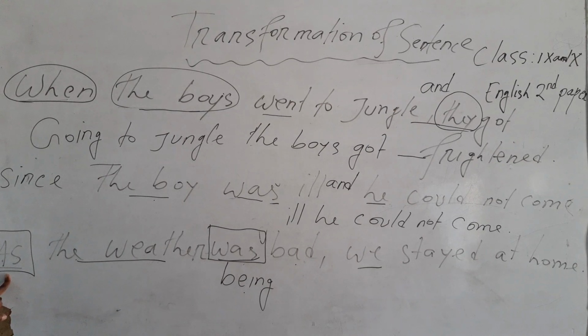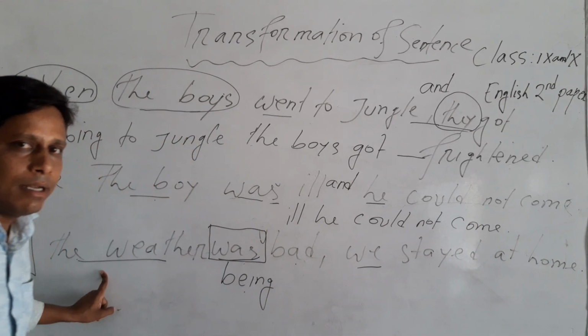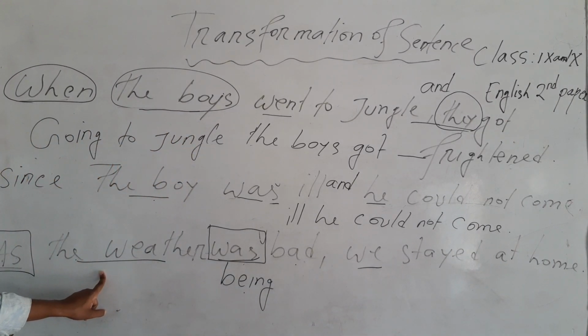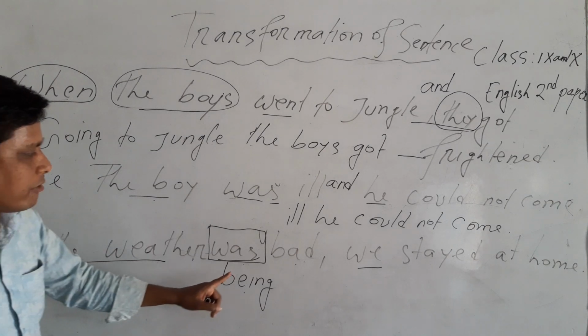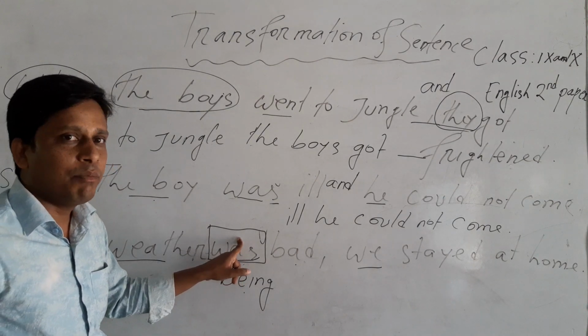If there is as, since or when, and the two subjects of the two clauses are different, then how can we transform it into simple? Actually I want to mean that erase or remove the conjunction as, since, when, and start from the subject and write being or having instead of the auxiliary.